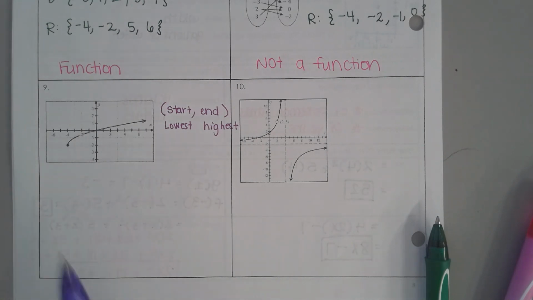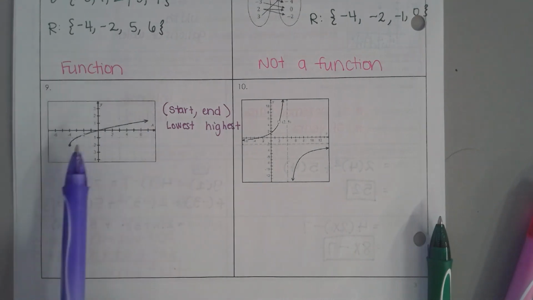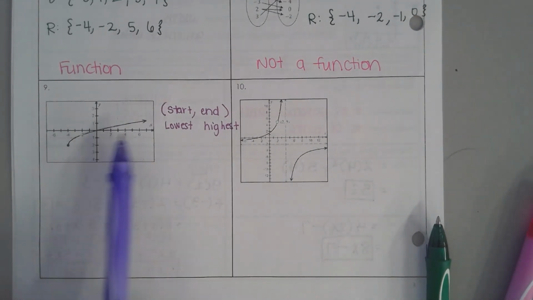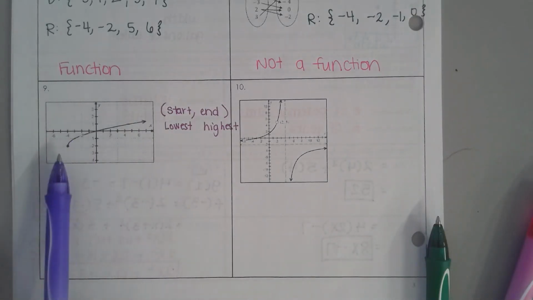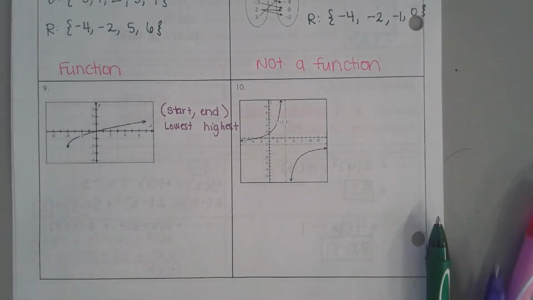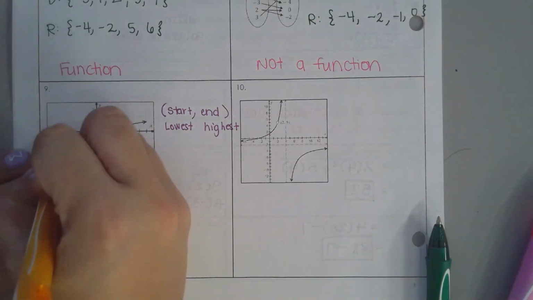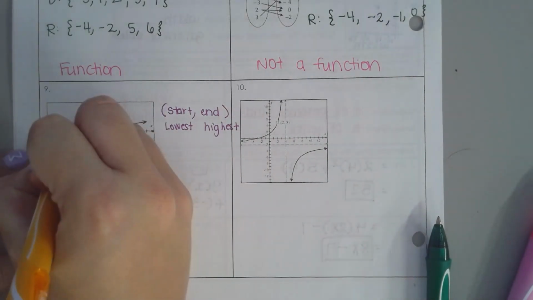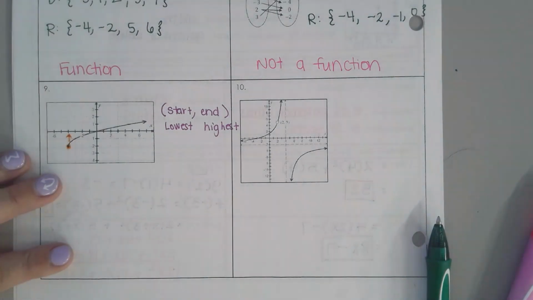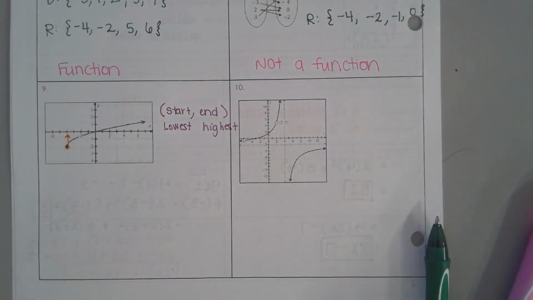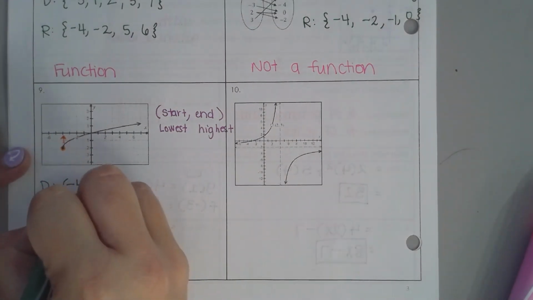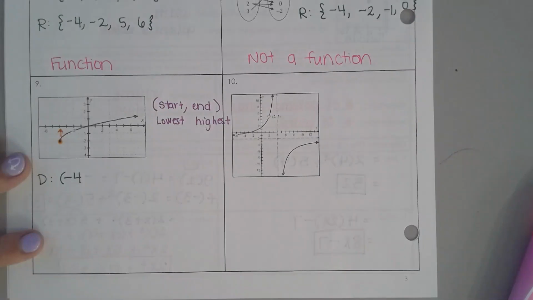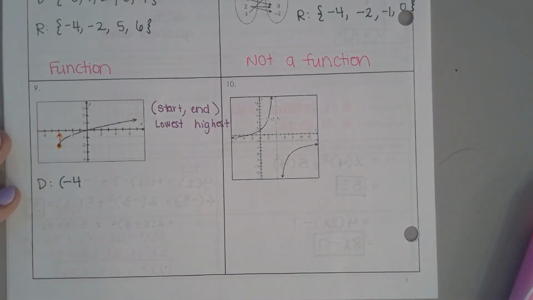So if I'm going left to right, what is the lowest x value that I have? -4. Yeah. So here's my start right here. That x value is -4. So my domain is going to start at -4.